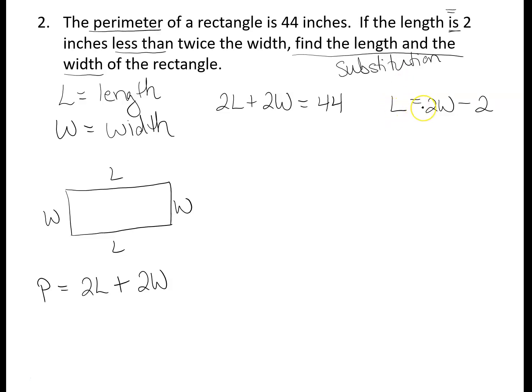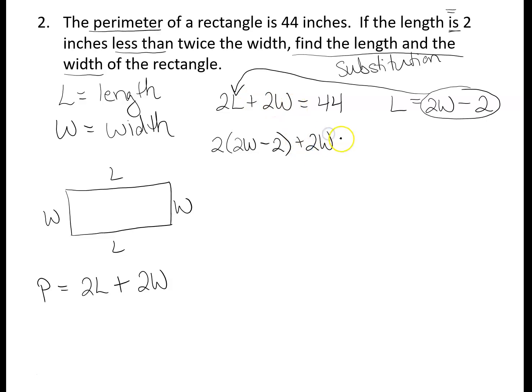So I've got my L isolated, and I'm going to take this expression and plug it in for L in my first equation. So it's going to be 2 times 2W minus 2. Then don't forget to bring down the rest. Bring down the plus 2W equals 44. And now we're ready to solve.